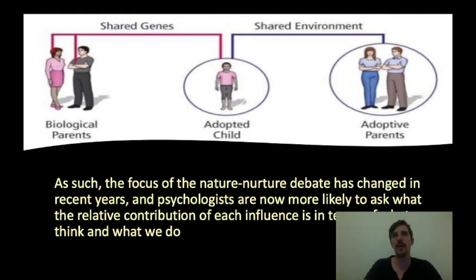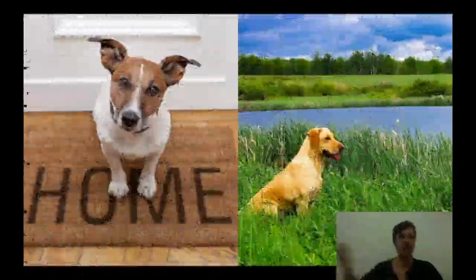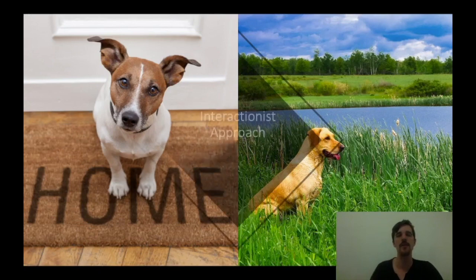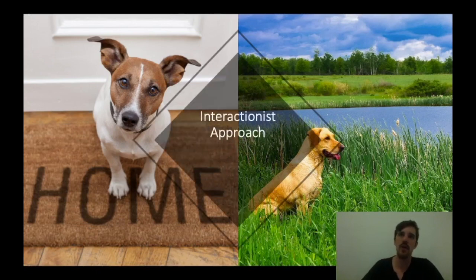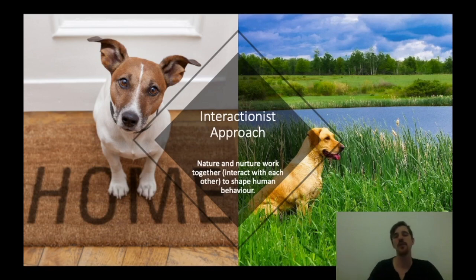We're more likely to focus on the contribution of each, so how much of a genetic influence and how much of an environmental influence there is. Ignore the whole nature versus nurture thing, because at the end of the day, psychologists tend to use the interactionist approach, which is that nature and nurture work together and interact with each other to shape human behavior.